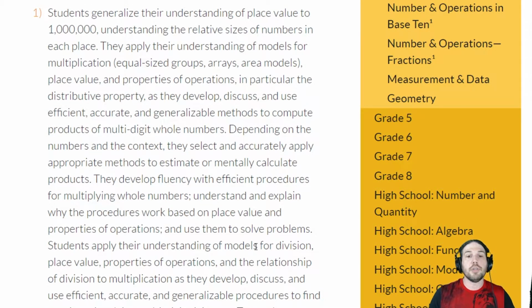1, students generalize their understanding of place value to 1,000,000, understanding the relative sizes of numbers in each place. They apply their understanding of models for multiplication, equal-sized groups, arrays, area models, place value, and properties of operations, in particular the distributive property, as they develop, discuss, and use efficient, accurate, and generalizable methods to compute products of multi-digit whole numbers.